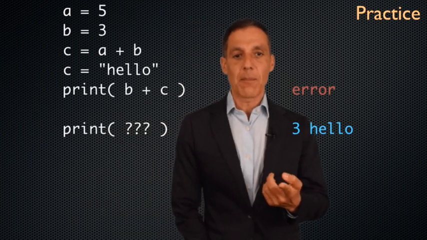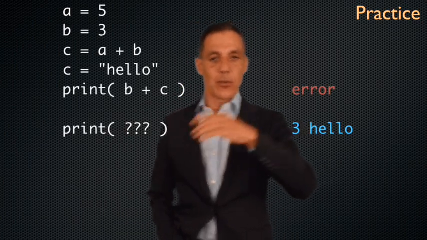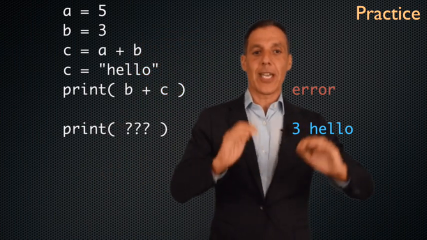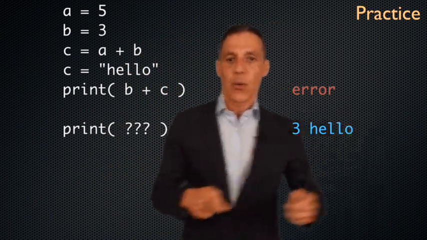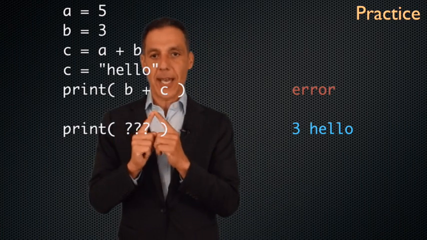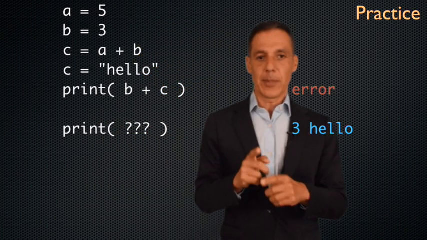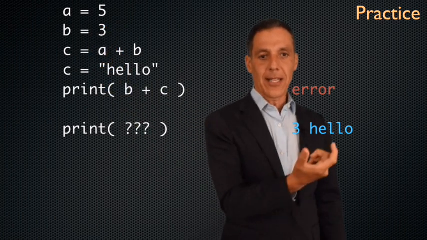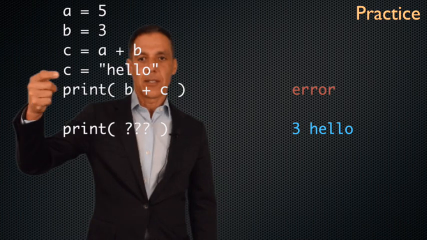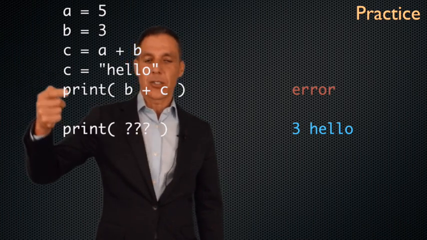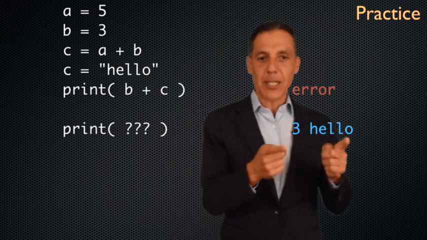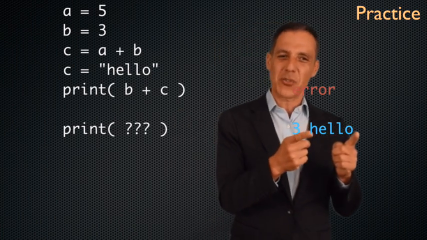So we've been doing examples where I show you commands and I ask you what the output is, but I can go in the reverse direction. I can say, if I want this output, what is the command that gives rise to that? So let's think about that a little bit. So 3, of course, is the variable here, and hello, of course, is the variable right there. So what do I have to do? I have to be able to add 2 things together, and obviously I'm doing string concatenation here because I have the string hello.